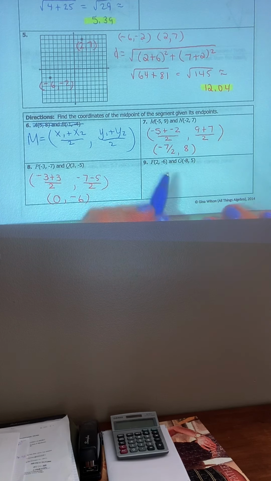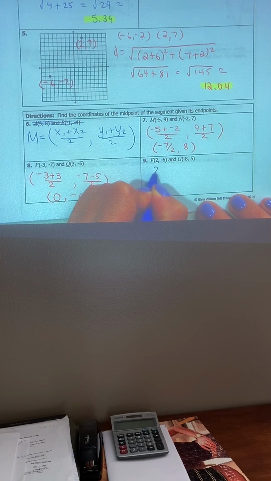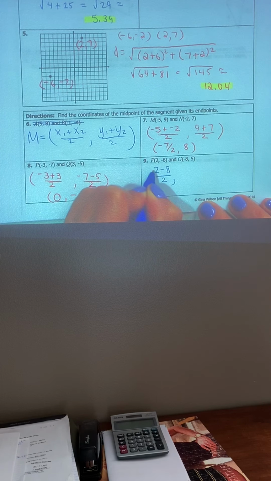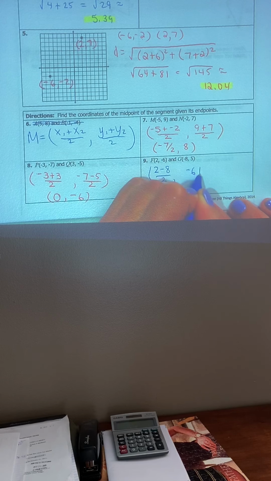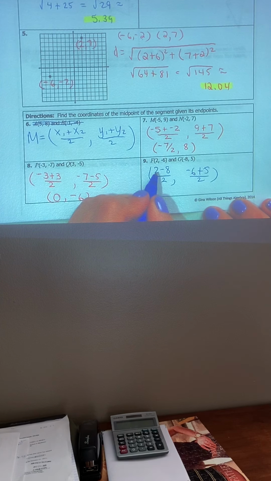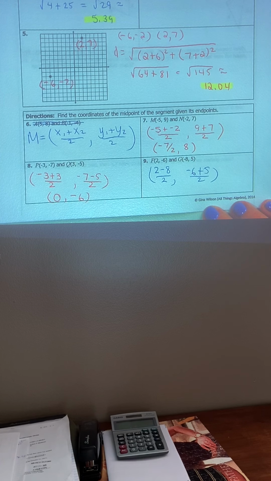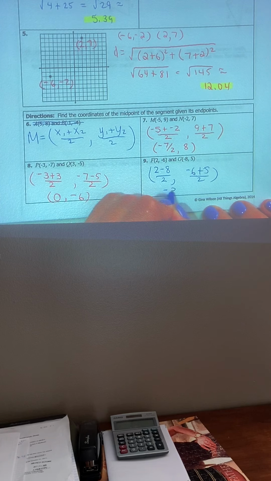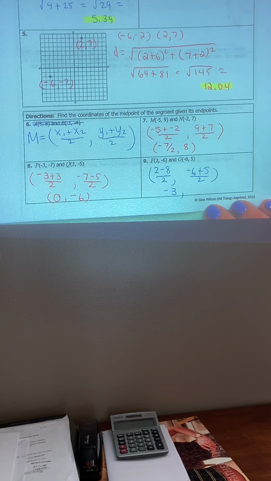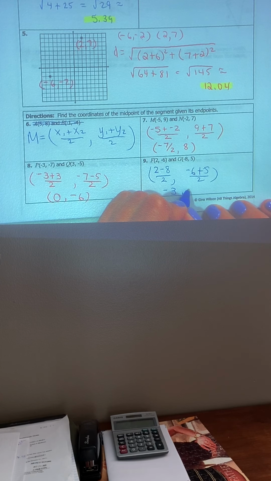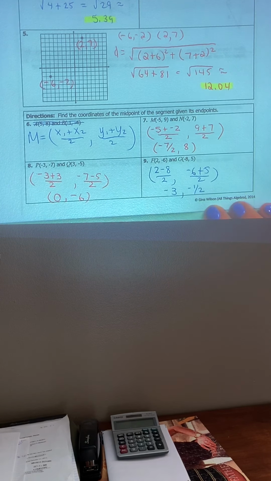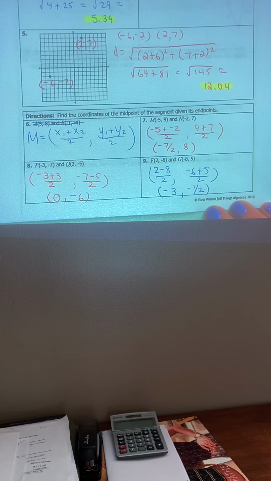And lastly, 2 minus 8 over 2, -6 plus 5 over 2. 2 minus 8 is -6. -6 over 2 is -3. -6 plus 5 is -1. -1 over 2 is -1/2, or -0.5. Okay, and there we have it.